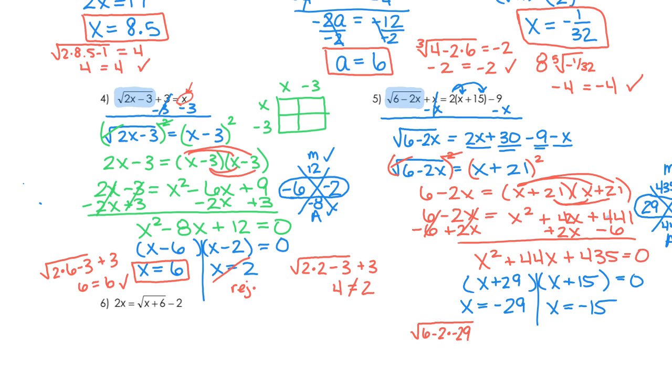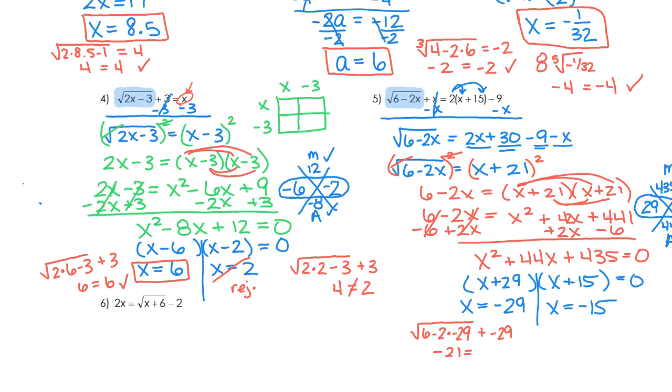Outside of that square root, so I have to arrow over, we're going to put plus my x value, which is negative 29, and I'm going to hit enter.